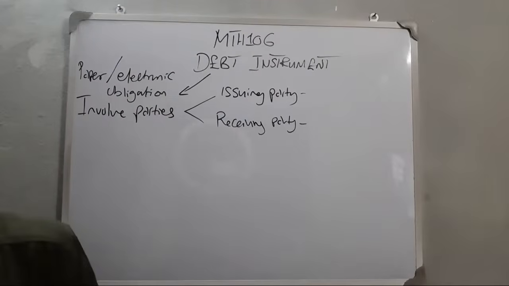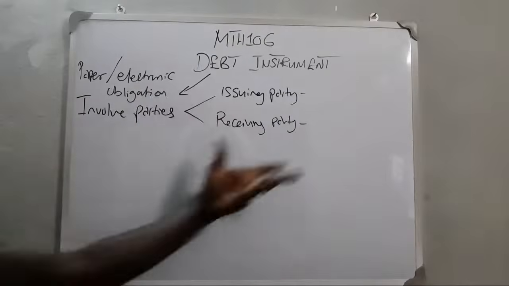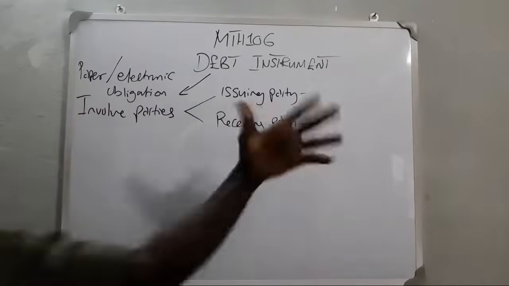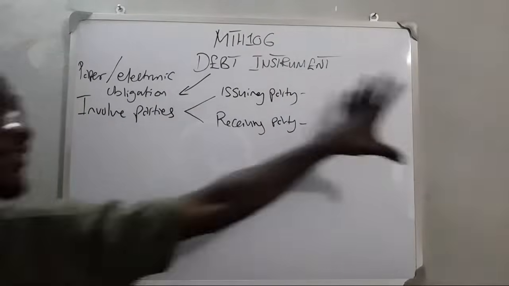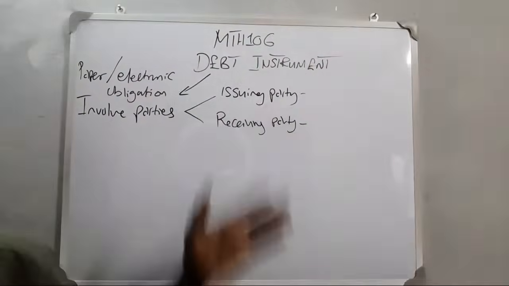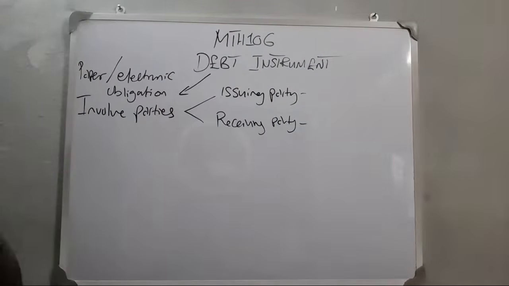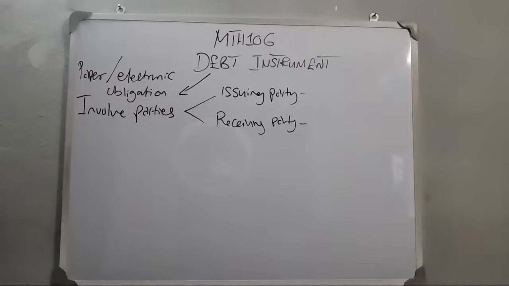All right, so back to our class. We're talking about debt instrument, and we said that there are parties involved: the giving party and the receiving party. It's a trade instrument. This debt instrument is used to trade. It is a paper or an electronic obligation that enables the issuing party to raise funds by promising to repay a lender.